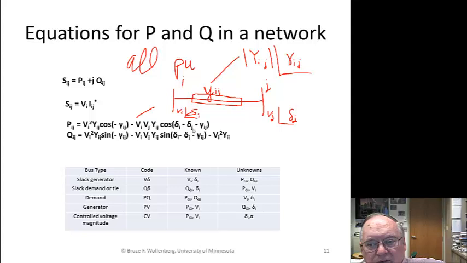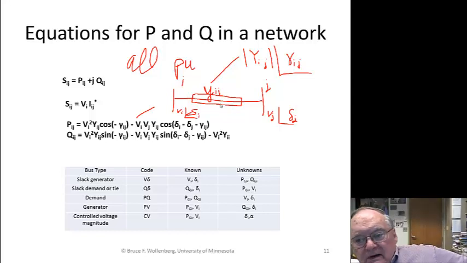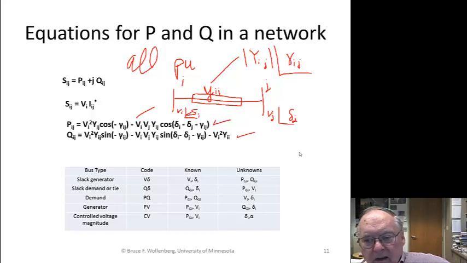If you work out the formula for the current, which is just voltage I minus voltage J times YIJ, break all of that into real and imaginary parts, and then multiply the conjugate of the current times the voltage, you get these two formulas, P and the formula for Q. Very nonlinear. We have products of voltage magnitudes, and cosines and sines in the formula like this.